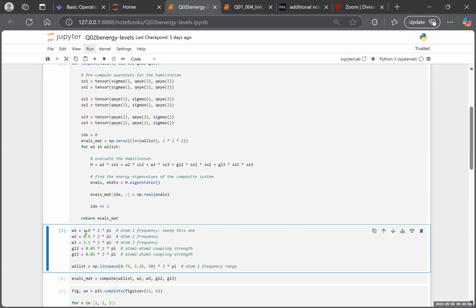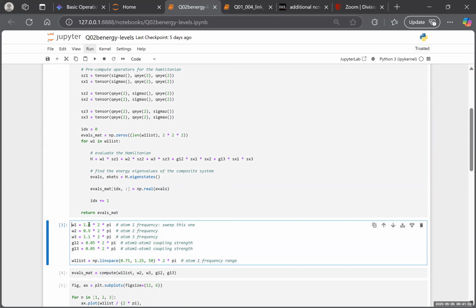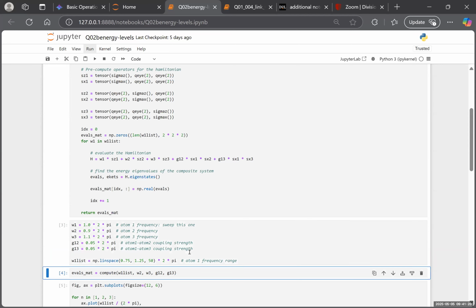These are initial values. Actually this is not used. But this will be a range of parameters here, 1.75 to 1.25, with 50 points times this 2 pi. Okay. Just evaluate this.